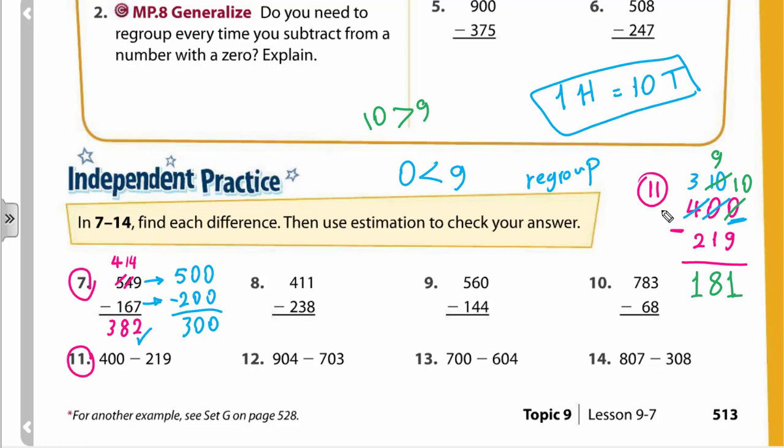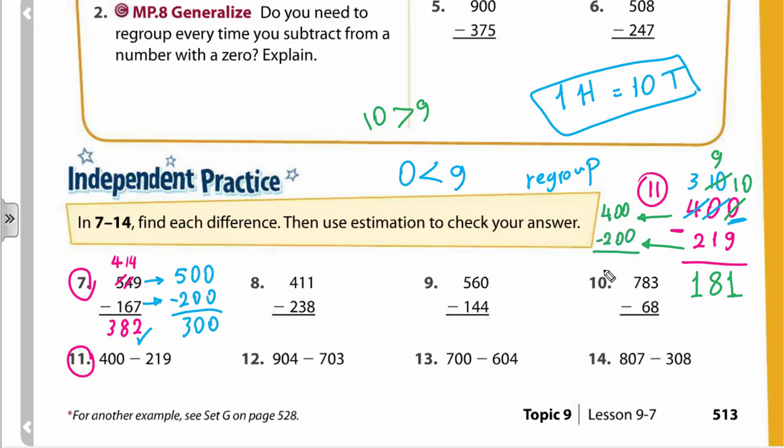Thank you, Hamza. And Ibrahim, help me with the estimation. The first number to the nearest hundred is already 400. The second number will be 200.